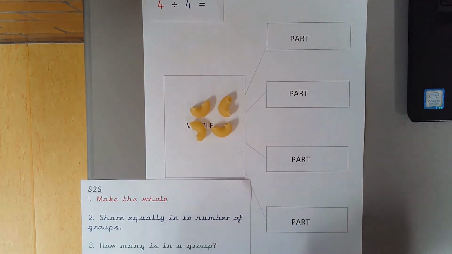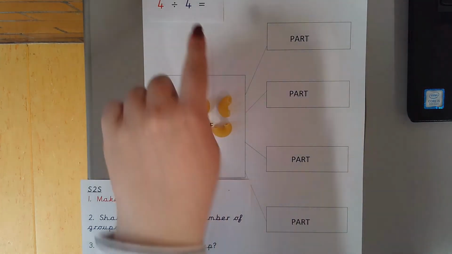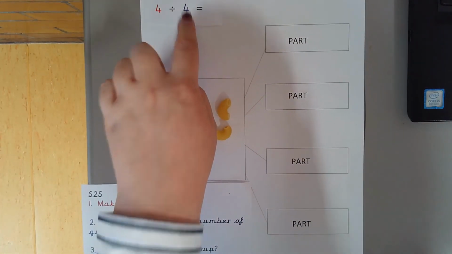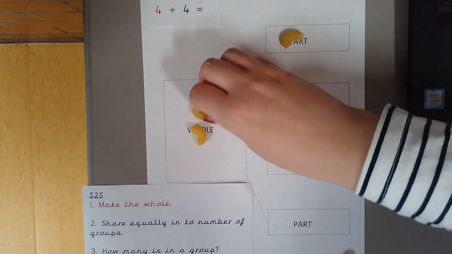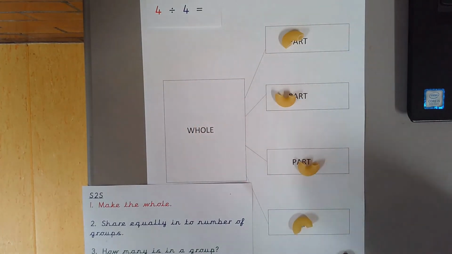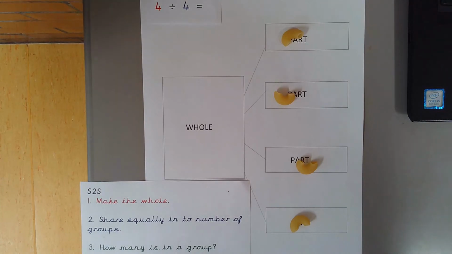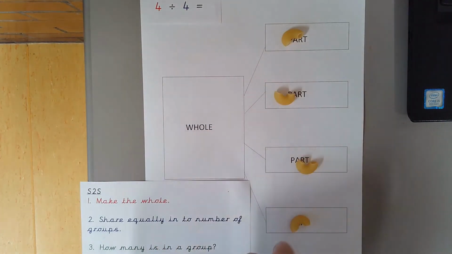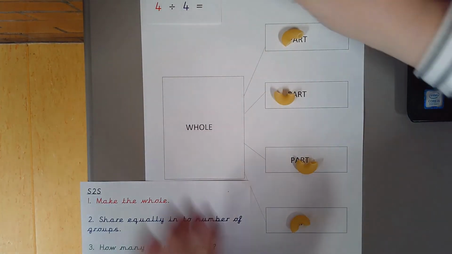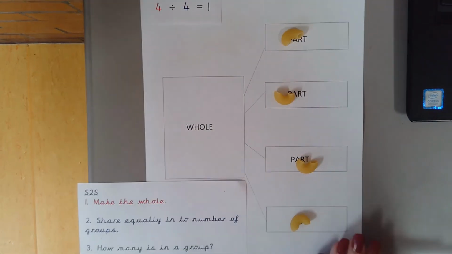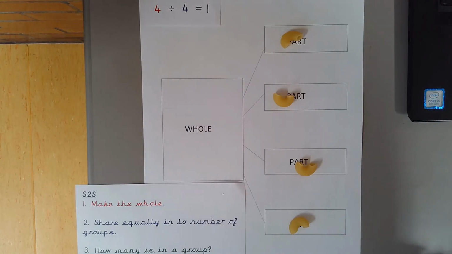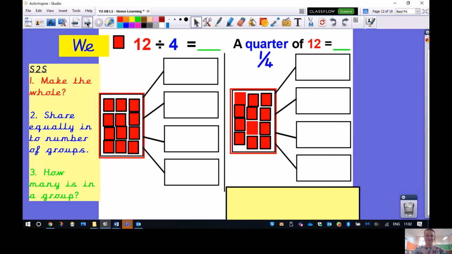I don't have 2 groups anymore because I'm not sharing equally into 2, I'm sharing equally into 4. 1. How many do I have in each group? Are they equal? I have 1 in each group, so the answer is 1. A quarter of 4, or 4 divided by 4, equals 1.